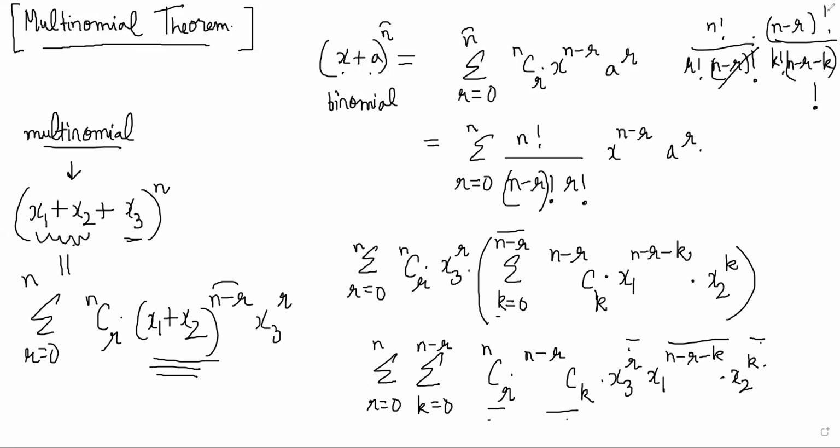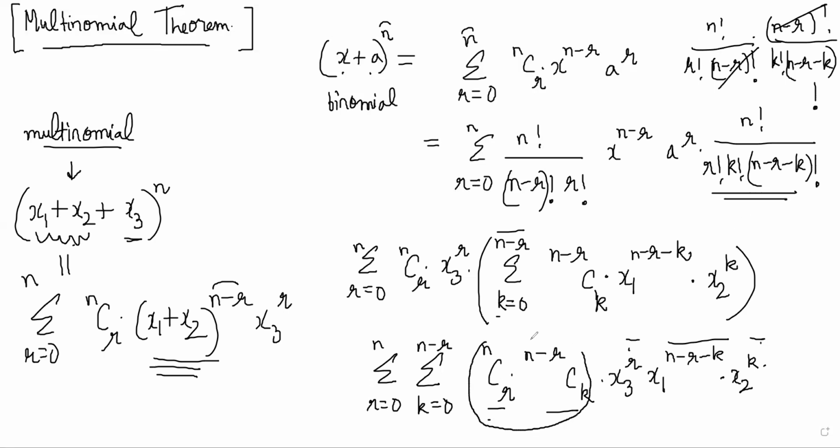So this will cancel, this will cancel, and you will be left with n factorial by r factorial k factorial n minus r minus k factorial, right? So the multiplication of these two gives us this, and notice that the powers of the variables are also those same r, k, n minus r minus k.